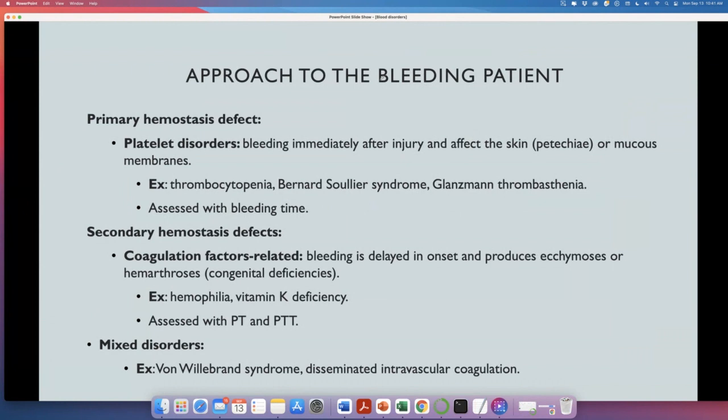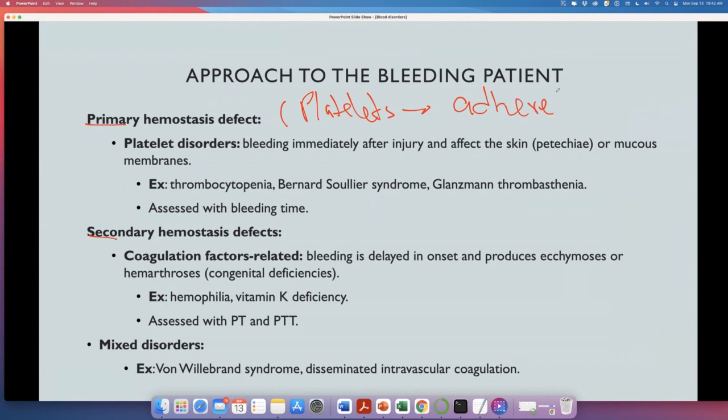Just to remind you, hemostasis is divided into primary and secondary. Primary hemostasis is the one that has to do with the platelet activity. Okay, when there is damage to the endothelial cells and collagen is exposed, platelets will first adhere and they will get activated.